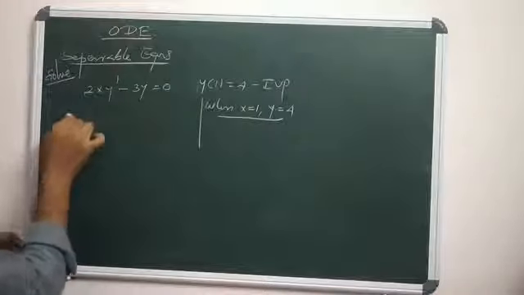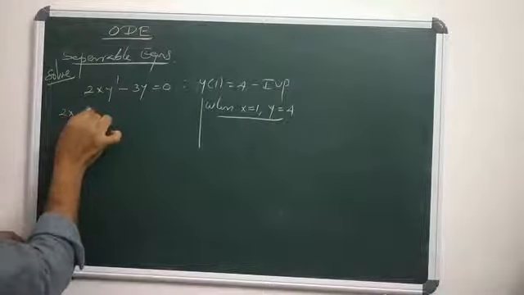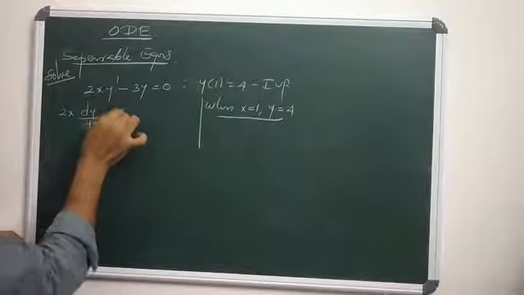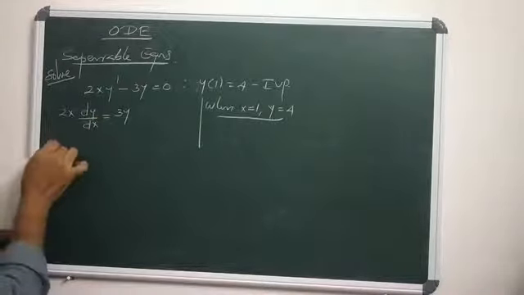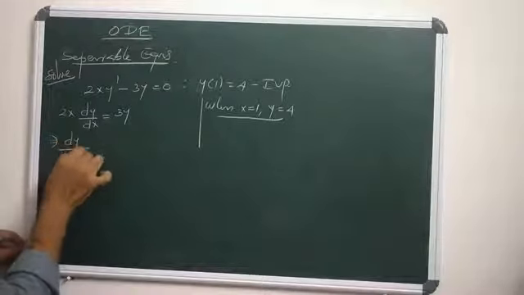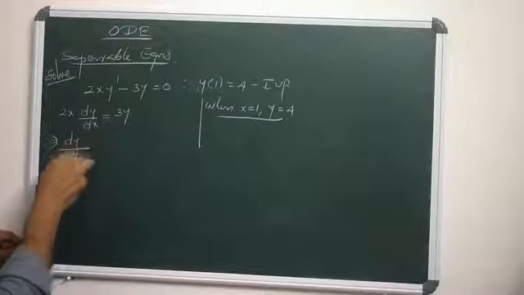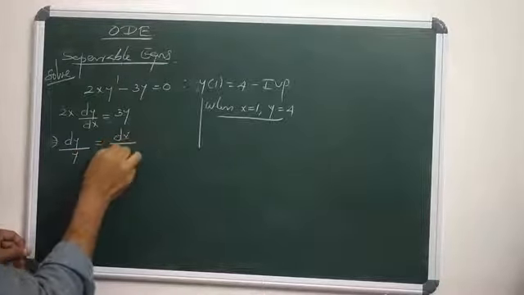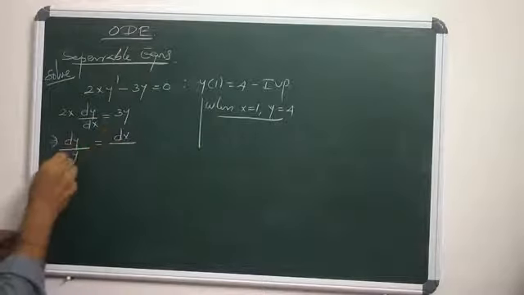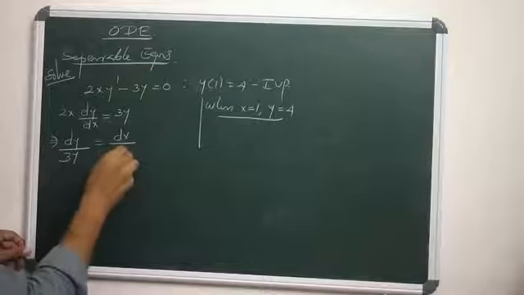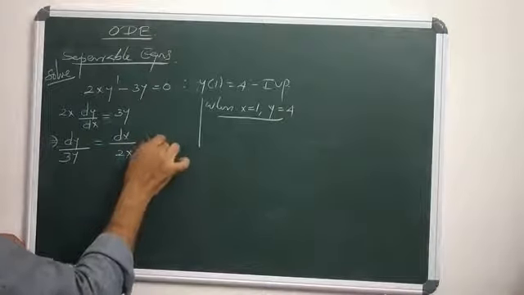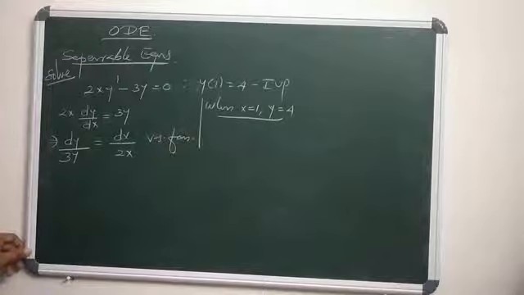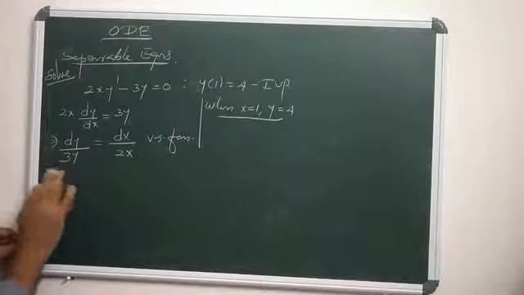How to solve this one? Here it is given 2x into dy by dx equals 3y. So bring this y to the left side: dy by 3y equals dx by 2x, which is a variable separable form.